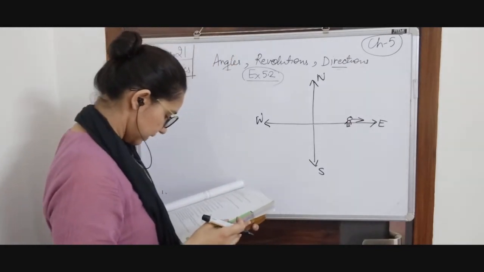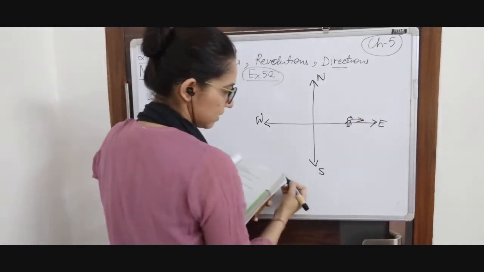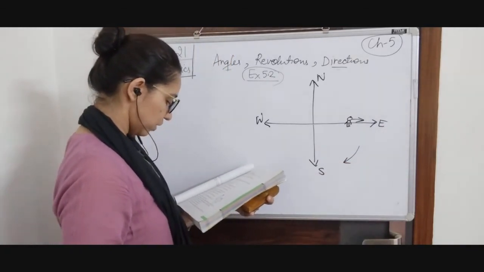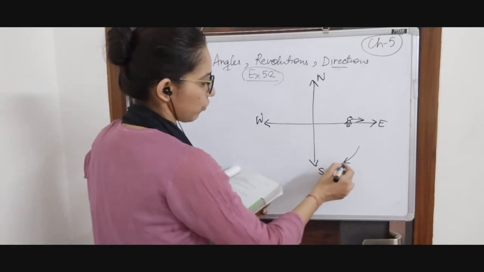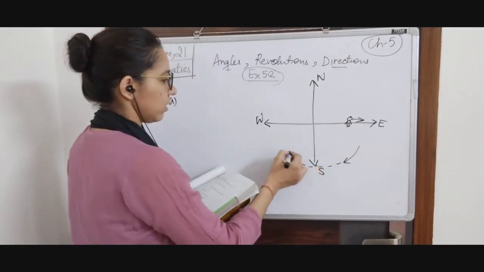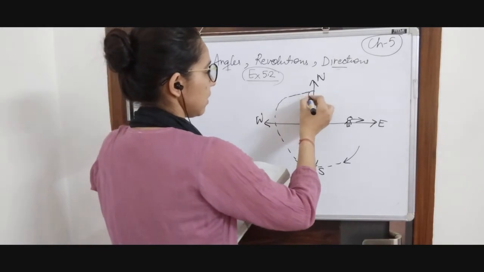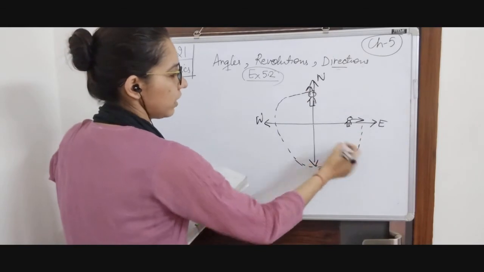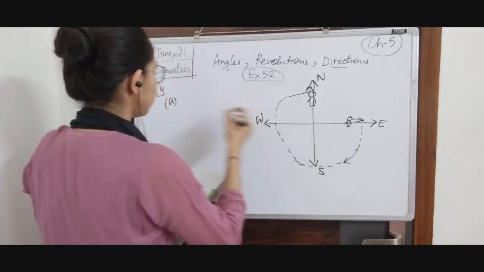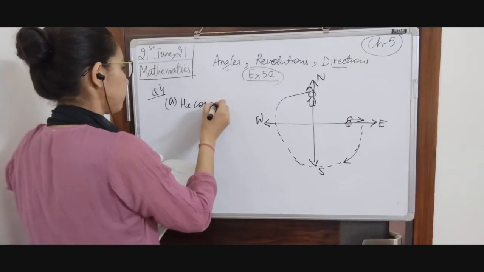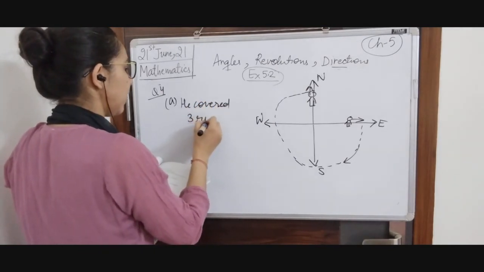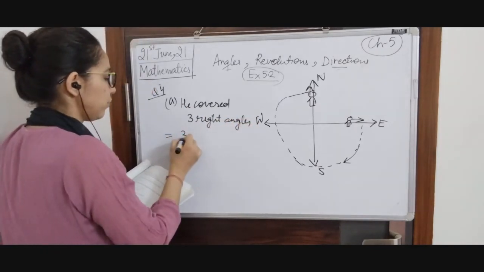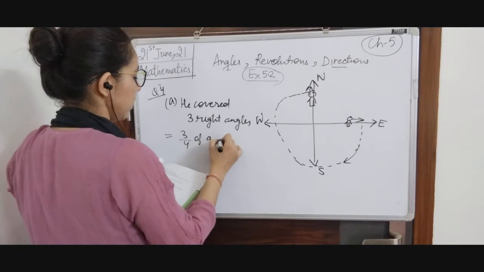He started from east and turned clockwise. Clockwise means this direction, and turn clockwise to face north. So he's going from here to here, here, and now he is facing north direction. So how much he covered? He covered 3 right angles, or you can say that he covered 3/4 of a revolution.